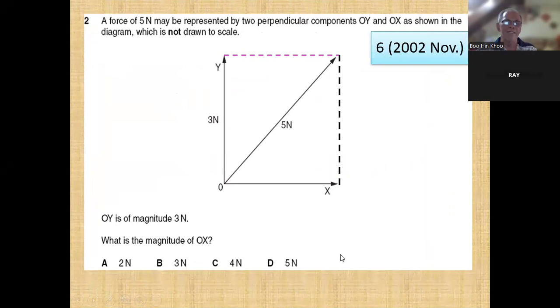A force of 5 Newton may be represented by two perpendicular components, OY and OX, as shown in the diagram, which is not drawn to scale. OY is the magnitude of 3. What's the magnitude of OX?